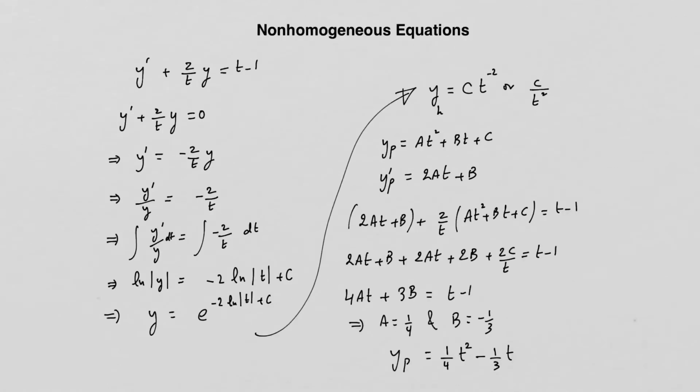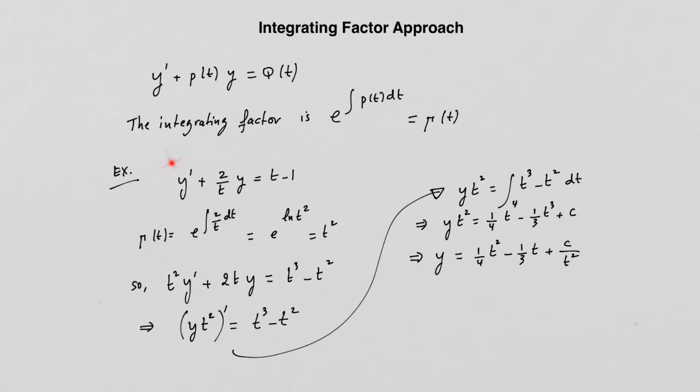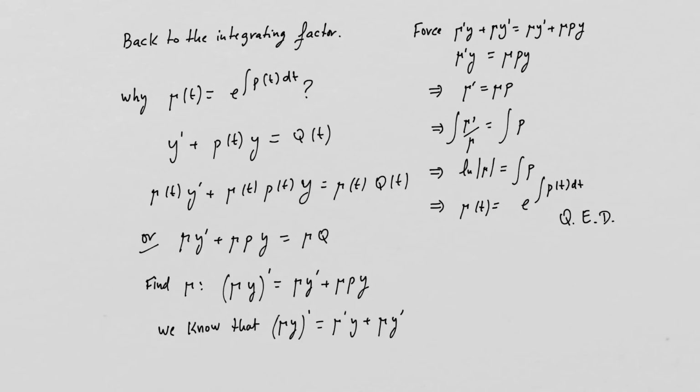So let's work out the same example we had before. My function was this, okay? And my mu of t was t squared. So I can very quickly get the solution.